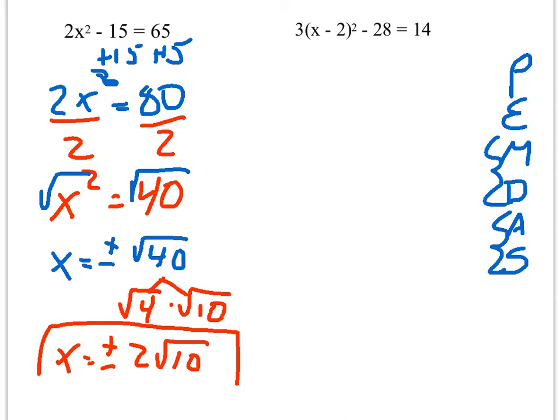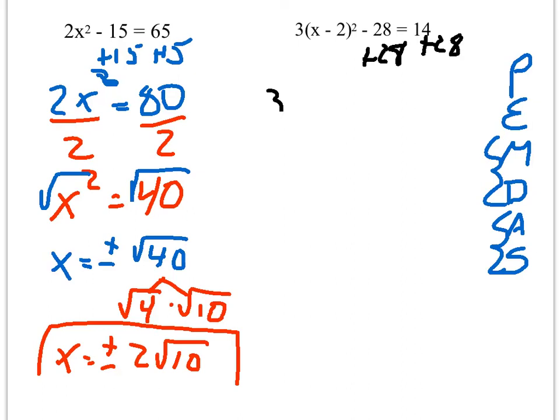Now we're going to turn our attention to this last one. And keep in mind, we are going backwards through the order of operations again, starting down here, working our way towards the parentheses, and once we break into those parentheses, then we start over again. So starting out with this, we just want to add 28 over to the other side.